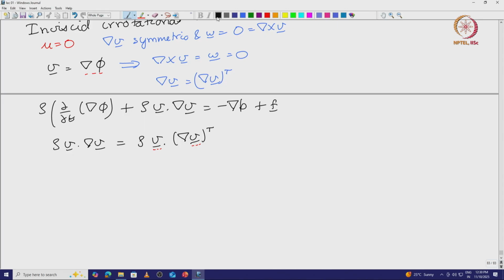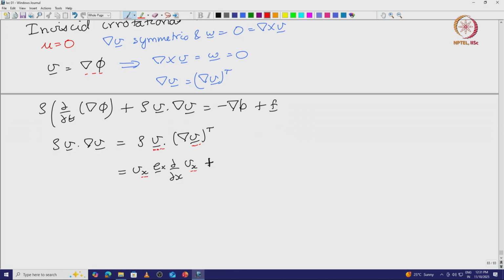If I expand this out, when I take the x component, I will get Vx Ex partial by partial x of Vx. That is for the velocity x component and the gradient x component, plus, note that the dot product here is between these two, so these two indices have to be the same.